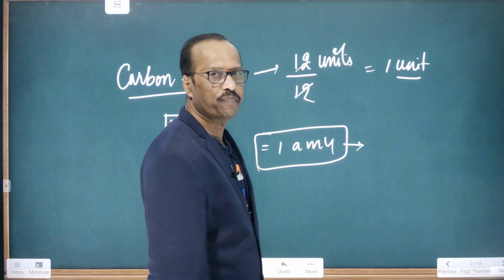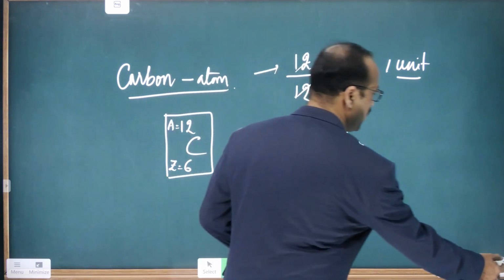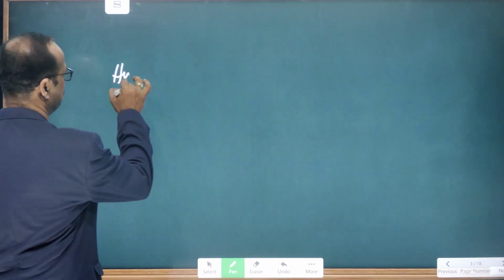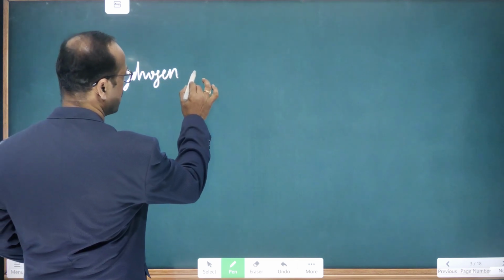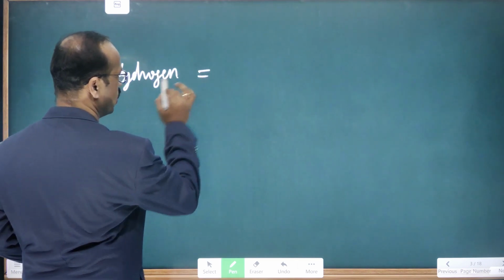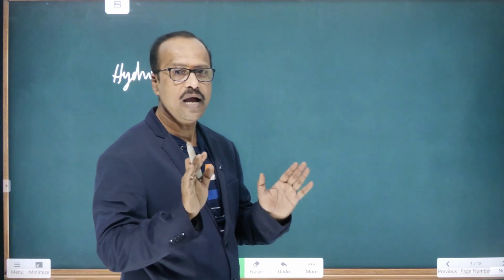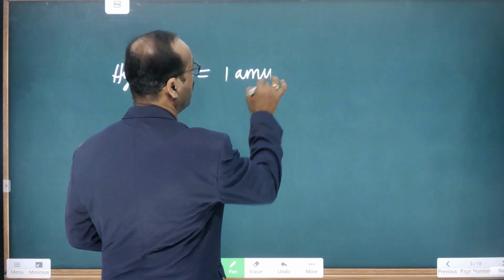For example, the hydrogen mass is approximately, not exactly, 1 AMU.